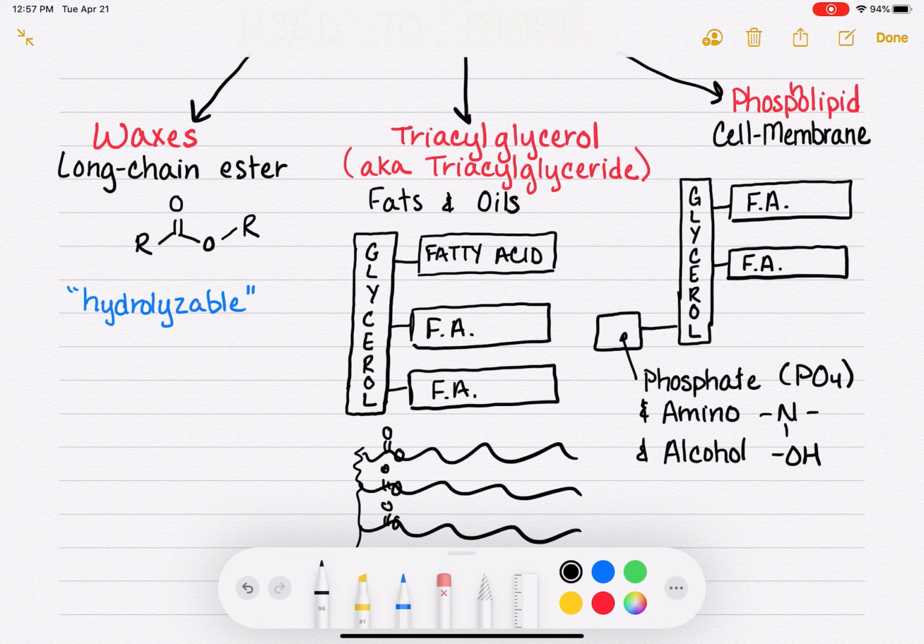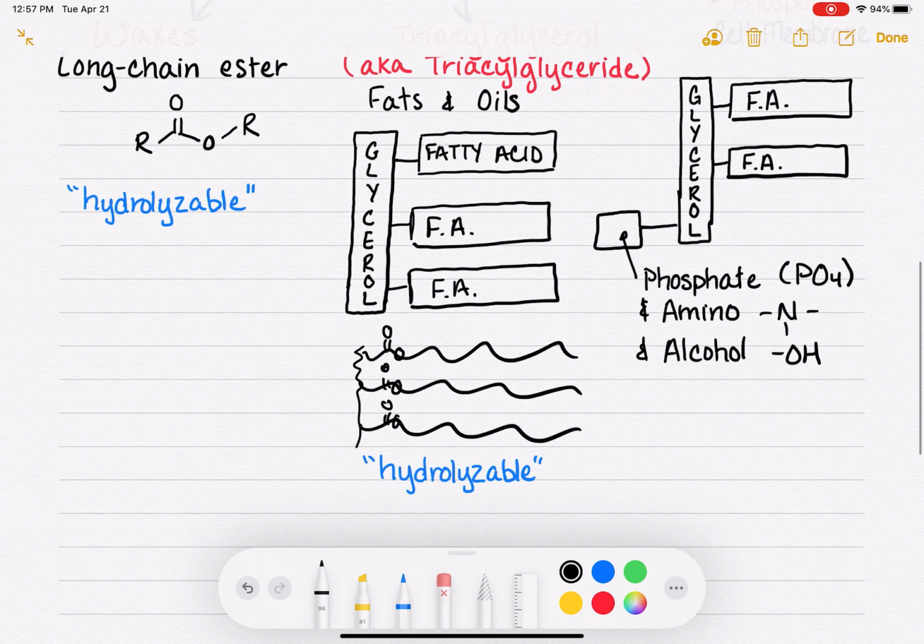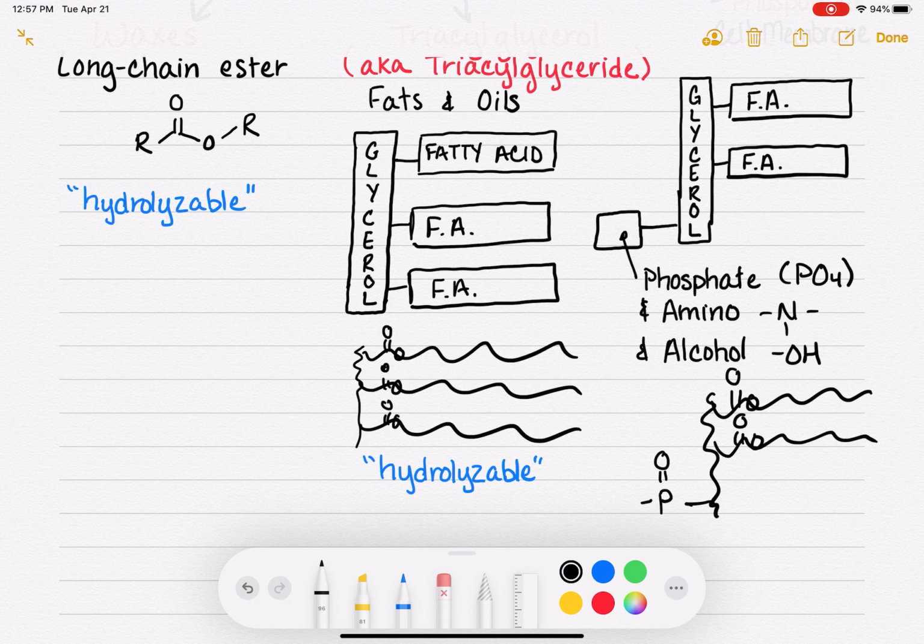You've got a problem on Sapling that's giving you generic structures of waxes and triacylglycerols and phospholipids and different carboxylic acids and things like that, and it's asking you to classify them. The structure that they drew for the phospholipid has the glycerol, and it's got a couple fatty acids coming off of it, like you would expect. There's some oxygens in there. And then over for the phosphate amino alcohol group, it just has the phosphorus parts.